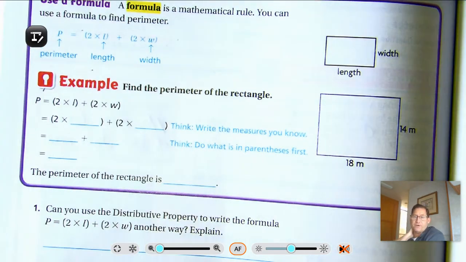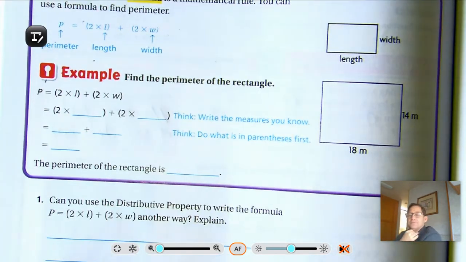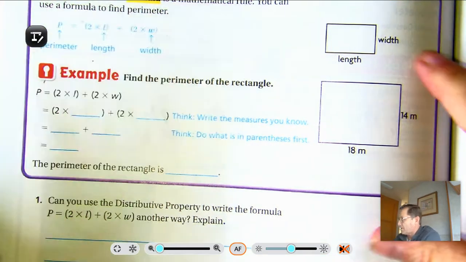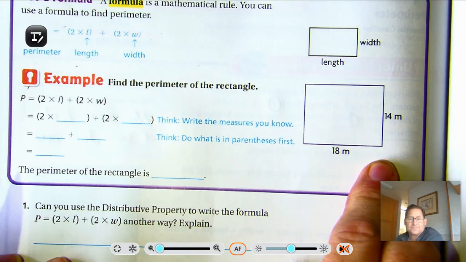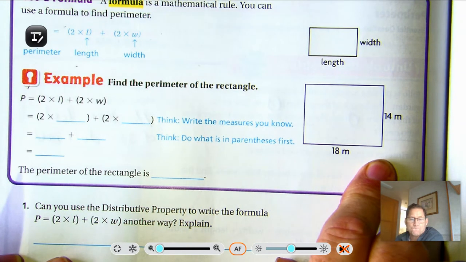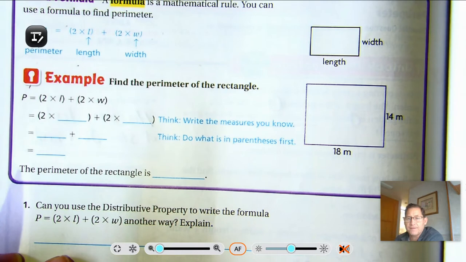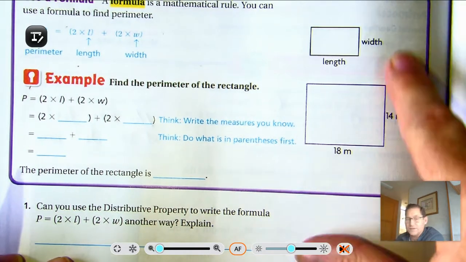All right, so find the perimeter of the rectangle. Our length is 18 and our width is 14. Oh, sorry, I said that backwards. Okay, longer side is 18, the width is 14.